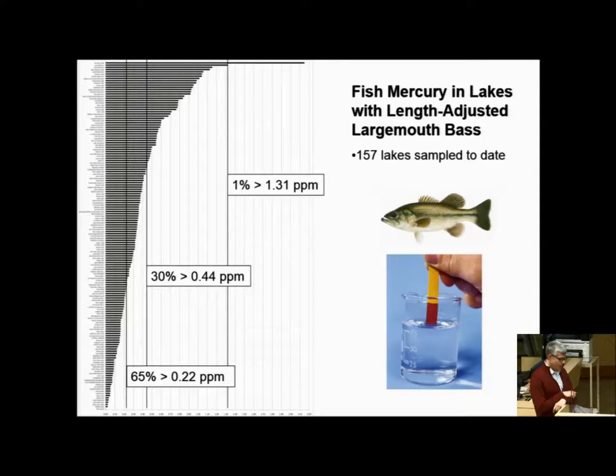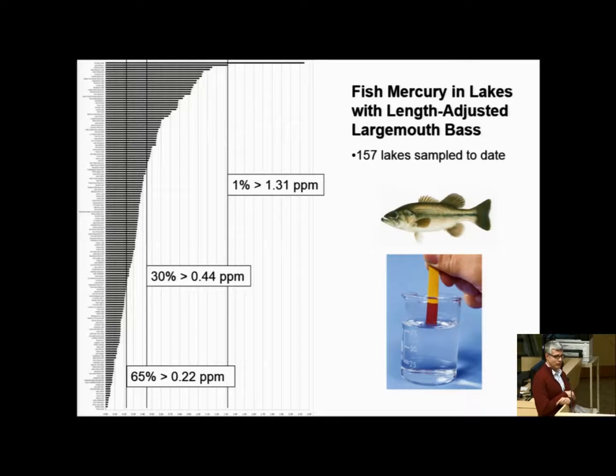One of the highlights of the data set that we've generated are water bodies where we've sampled largemouth bass. Largemouth bass have proven to be a really great indicator. I'm showing a litmus paper photo here. They're a great litmus test for mercury contamination in water bodies.